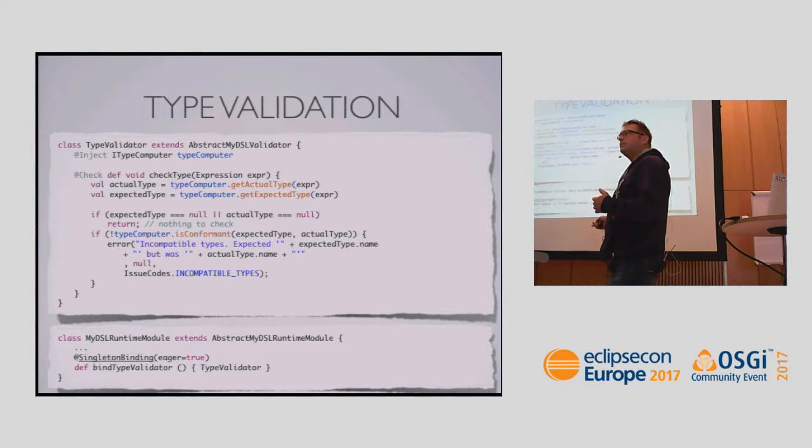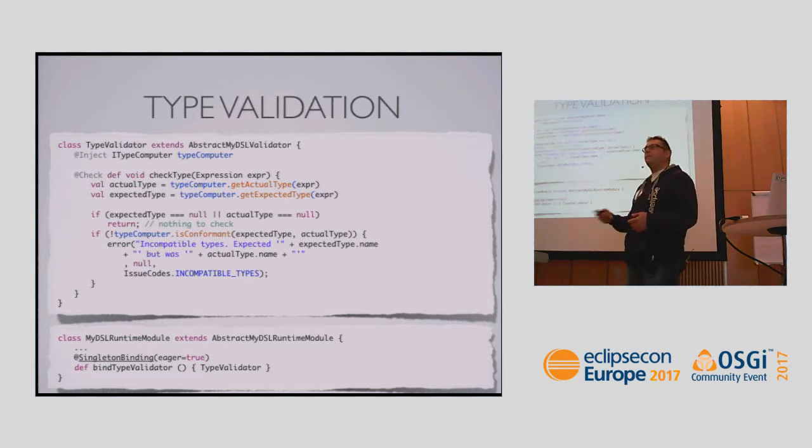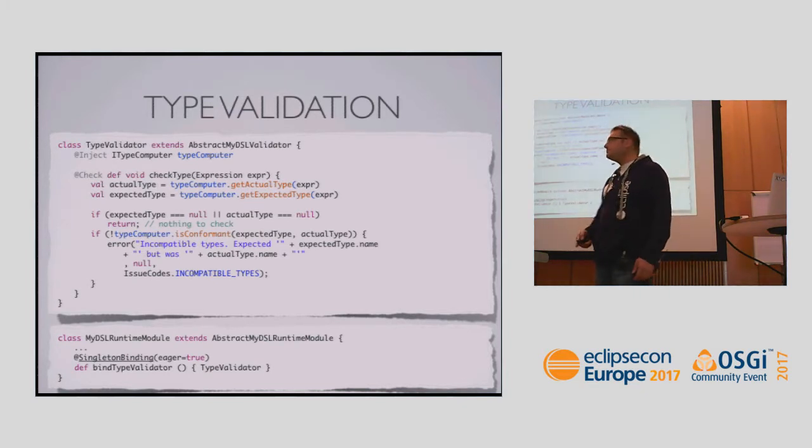It's the same pattern if you want to decompose validation rules in different classes. Then you will add eager singleton bindings for each validation class. That's the way how Xtext will pick up this class and execute validations. So when your validation class becomes too big. Just a small side hint.